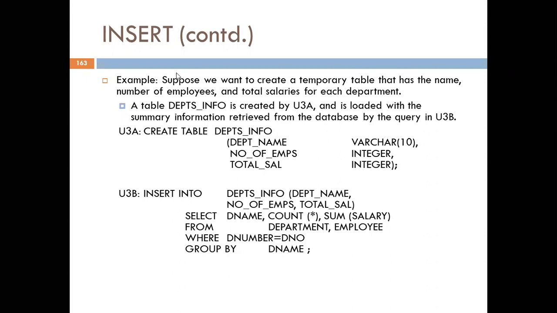A temporary table is created, that is, create table department information with three attributes: the name of the department, the number of employees and the total salary of the department. So a table is created with the required data types.